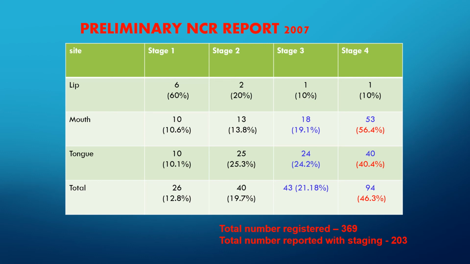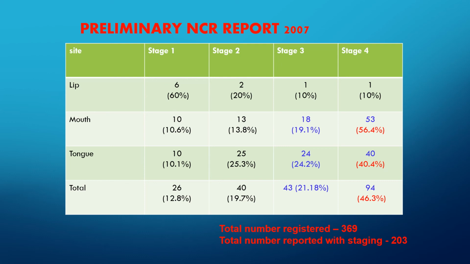For tongue cancer, detected at stage 1 about 10 cases. Stage 2 is more, about 25 cases. Stage 3, 24 cases. And stage 4 is much more, about 40 cases. Total number of cases detected at stage 1 is about 26 cases.